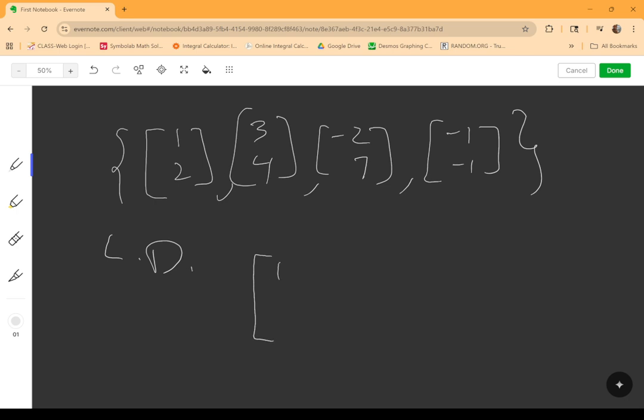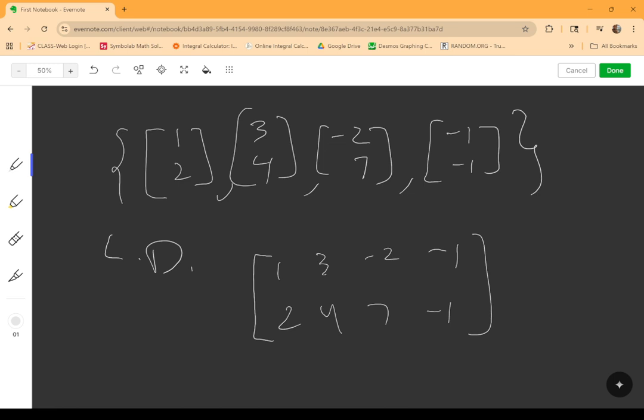We simply state there are more vectors than there are rows in each one of our vectors. If we try to put this in reduced row echelon form, you can have at most two pivot columns.